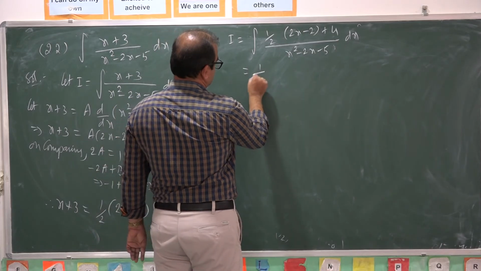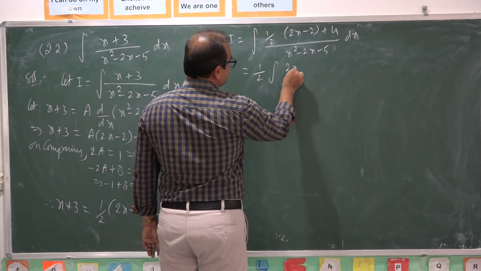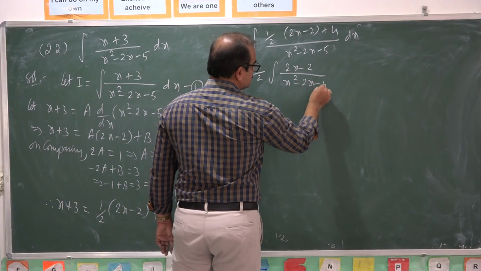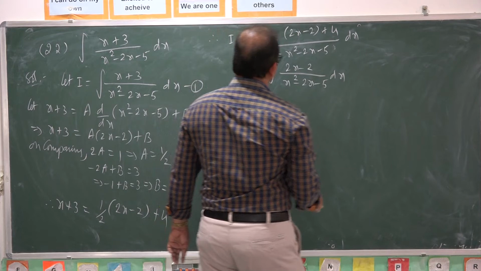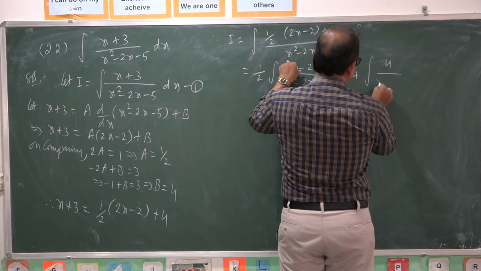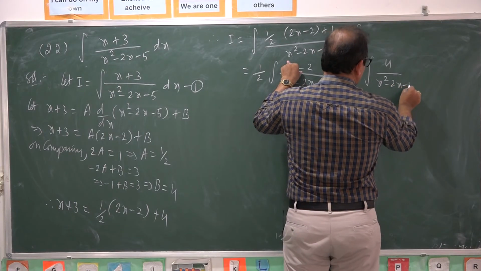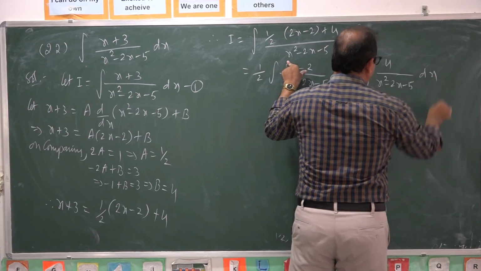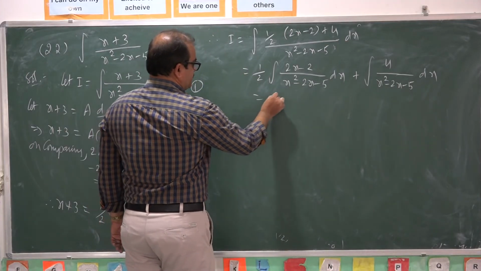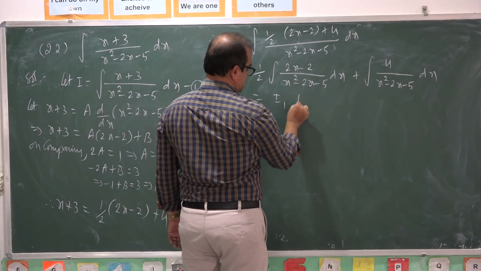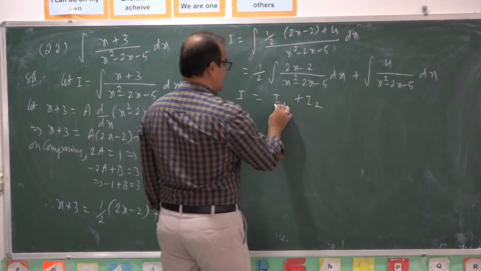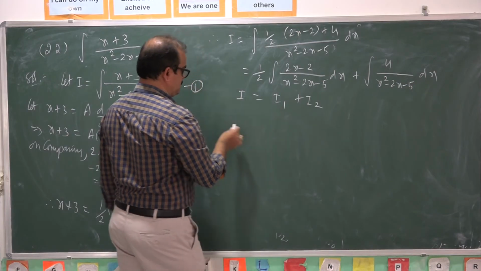First part: 1 by 2 into integral of (2x − 2) by (x² − 2x − 5) dx. Second part: integral of 4 by (x² − 2x − 5) into dx. Let the first integration be I1, second integration be I2. Find I1 value and I2 value separately.